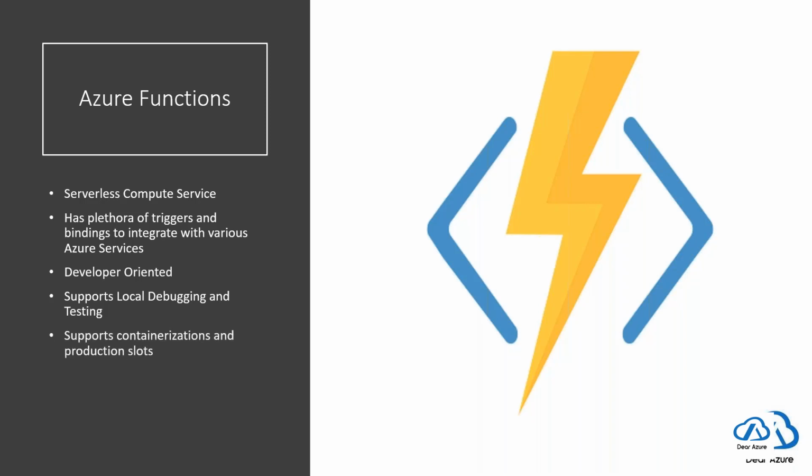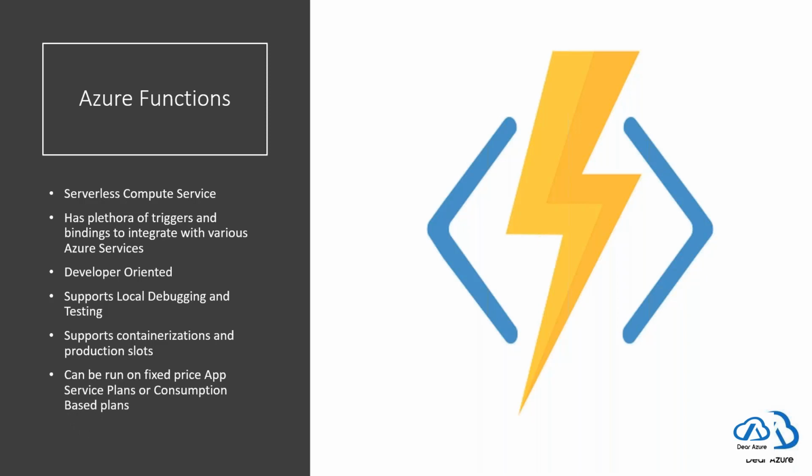Another salient feature of Azure Functions is that they are multilingual and support a lot of development languages like C#, JavaScript, PowerShell, even F#. Azure Functions can also be deployed as containerized Docker apps, which I think is again an awesome feature, and they also support production slots, which allow us to have highly responsive functions and avoid cold starts.